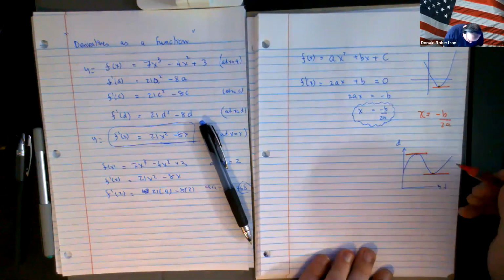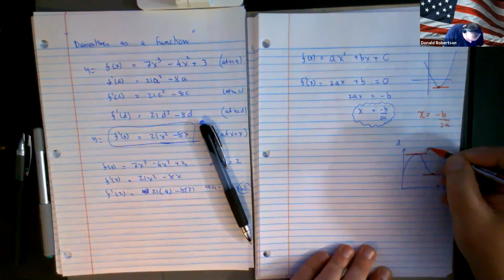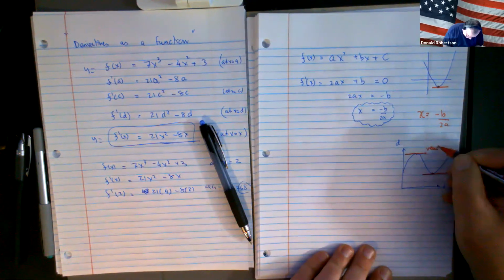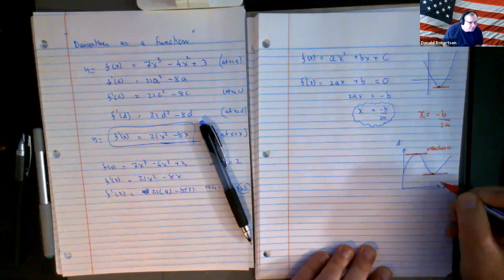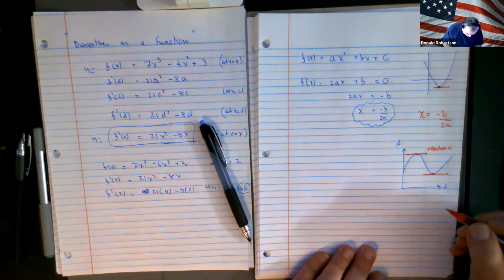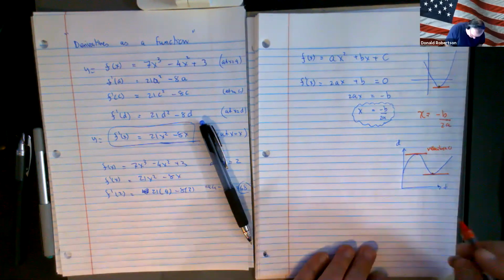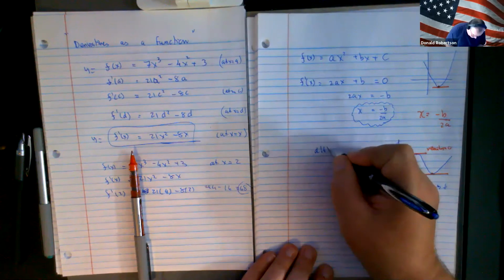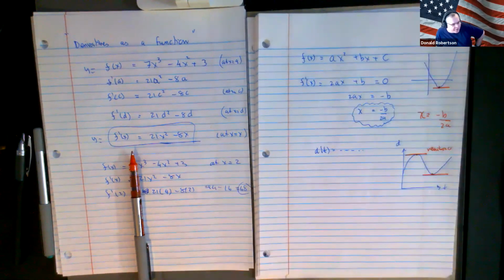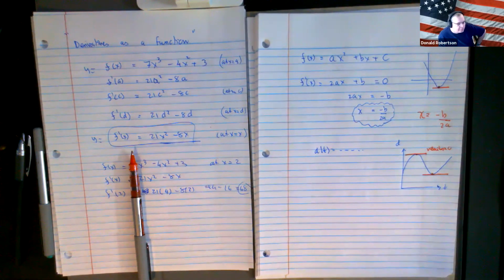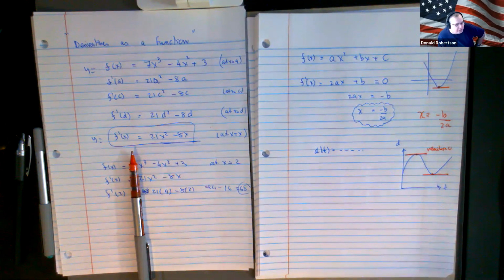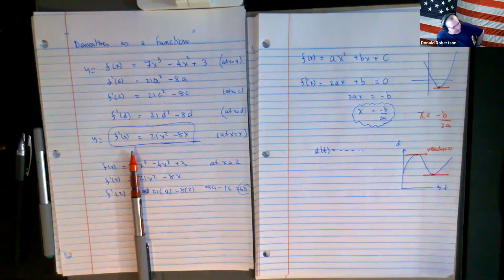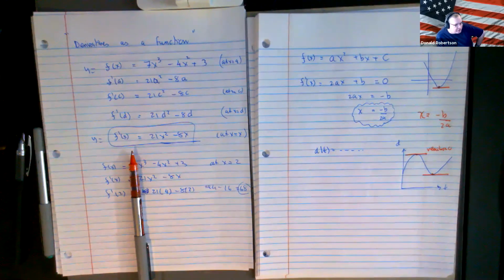But in the context of this question, won't that mean the velocity equals 0? So if you give me a formula for d of t, can I find when that object is stationary, when it's not moving at all?